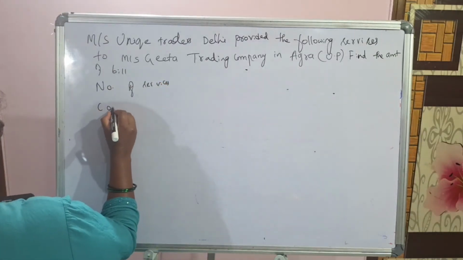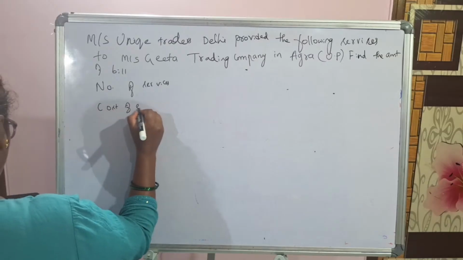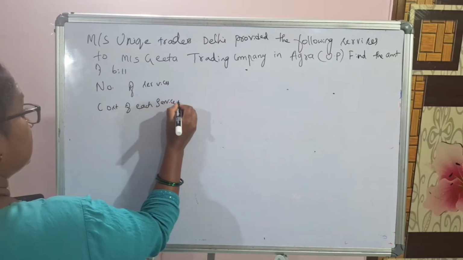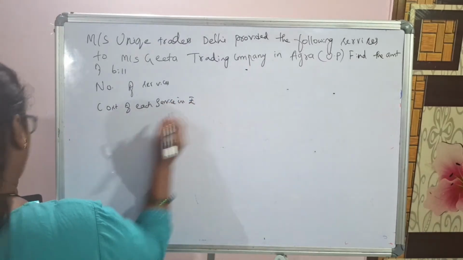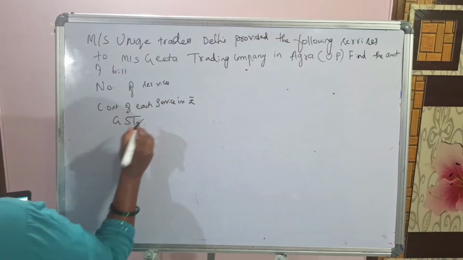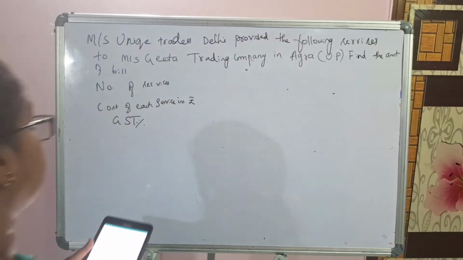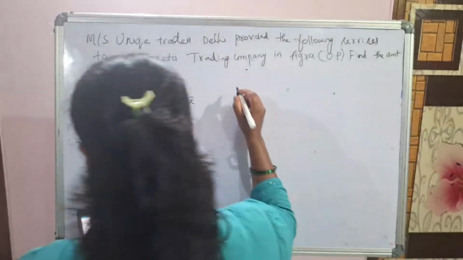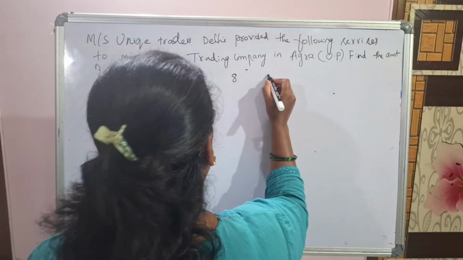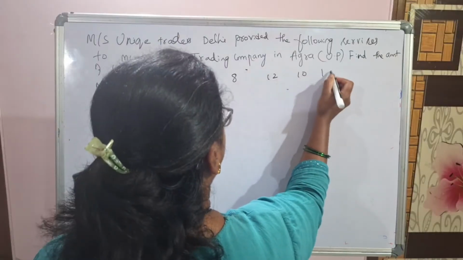Number of services, cost of each service in rupees. Here they have given the GST percent, not SGST or CGST. Number of items: 8, 12, 10, 16.